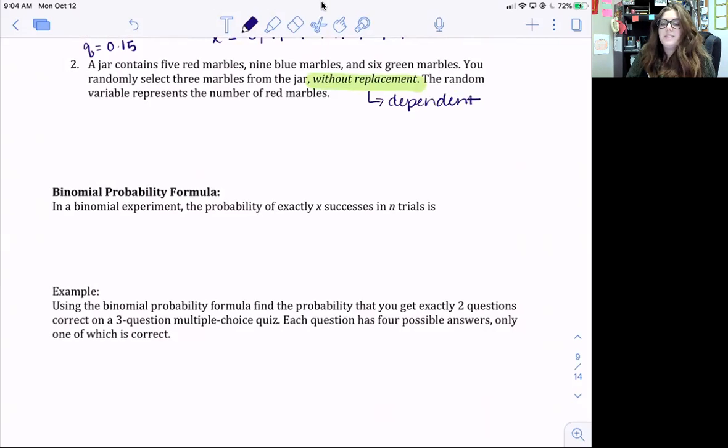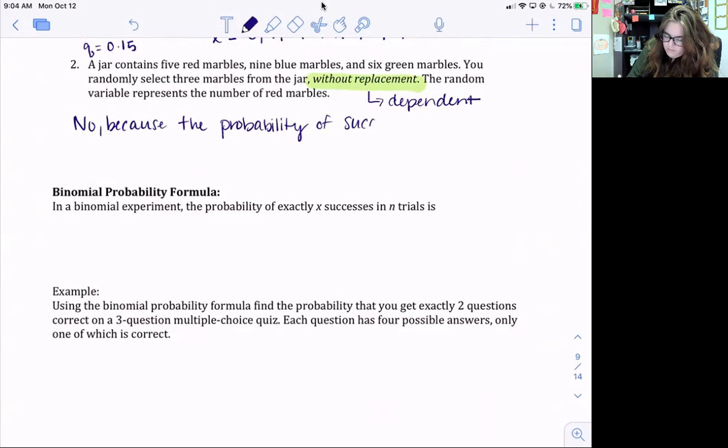And since it's dependent, that means it's not a binomial experiment, because the probability of success changes with each trial.